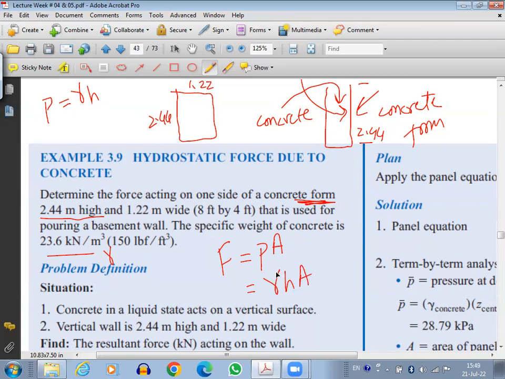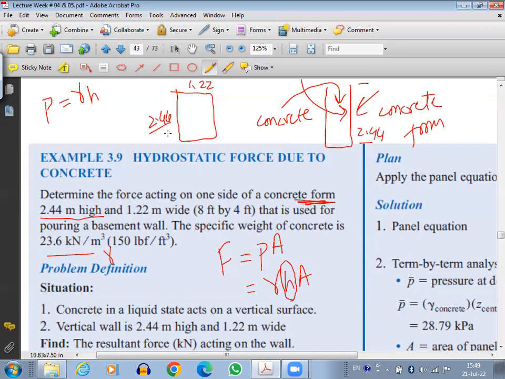Now this h would be the location of the centroid of this object from the free surface. Let's say that the concrete is poured till the top. So centroid will be from top to the center.